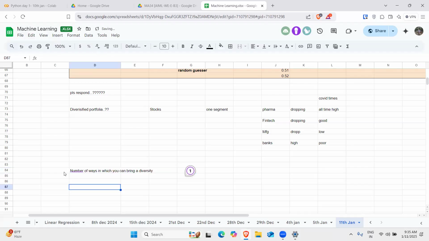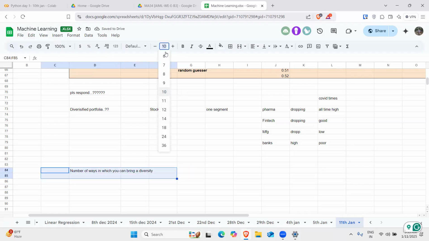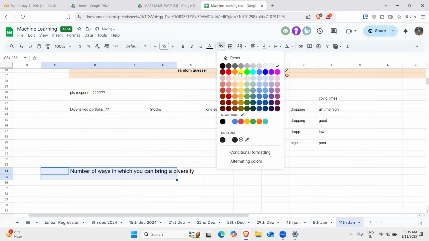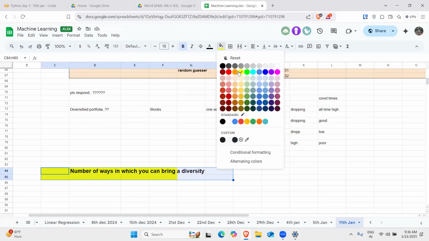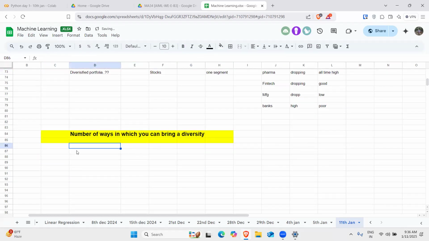For example, first point, we use a different subset.